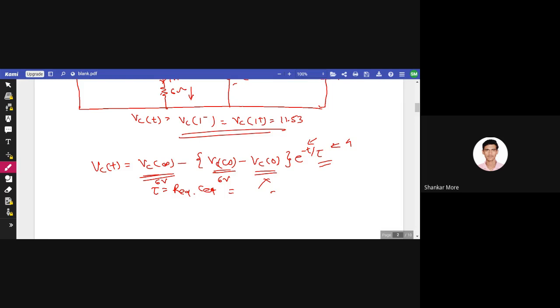The switch is closing at t equals 1, right? So we calculated something, I guess VC of 1, what was that? 11.53 was it, right? We calculated 11.53. So proceed with that. That's the value we need.